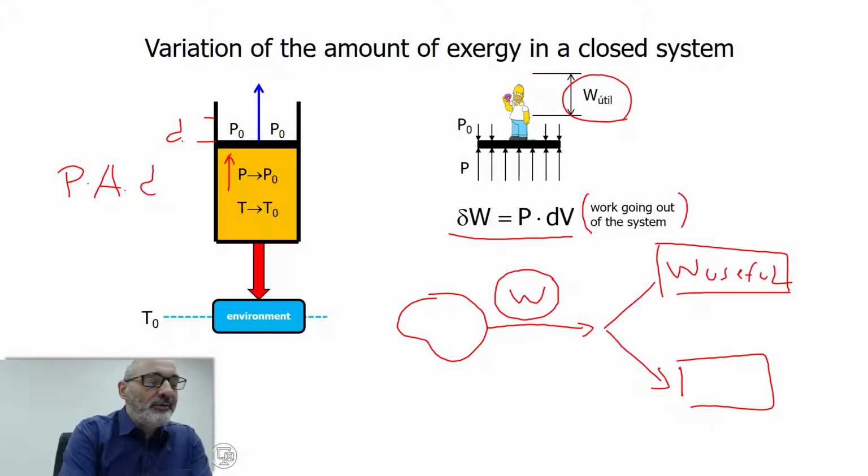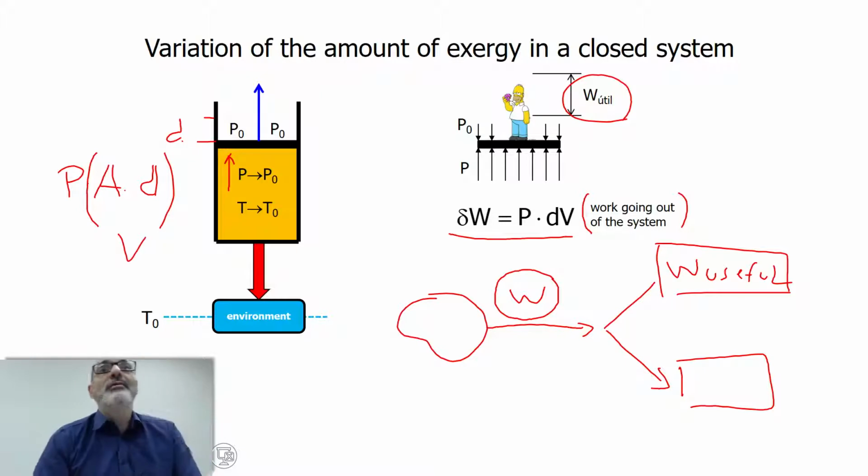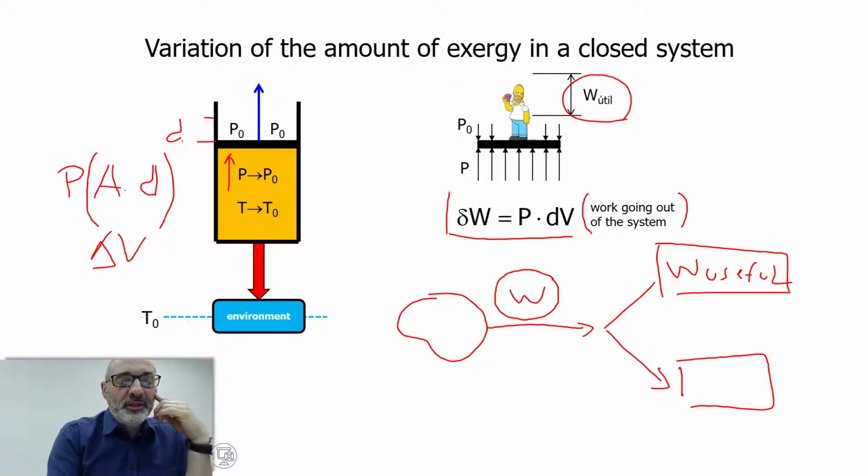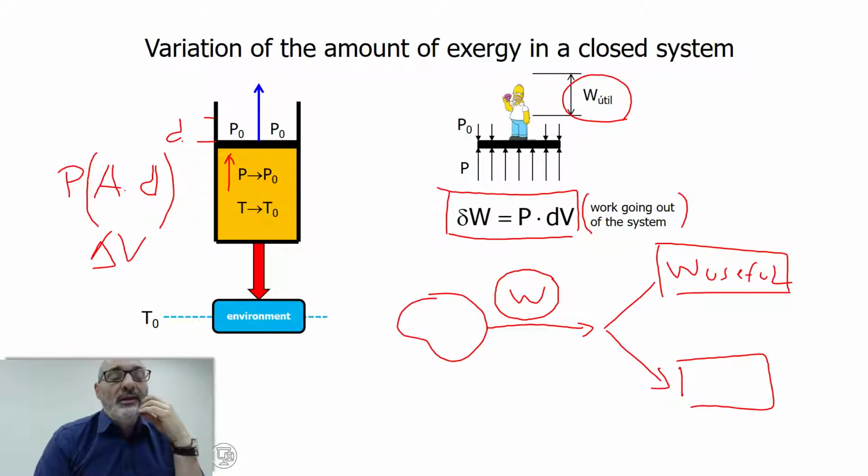So force times displacement. What happens is that A times d equals V, actually delta V. So in differential terms, we can write del W is equal to P dV. So let's move on.